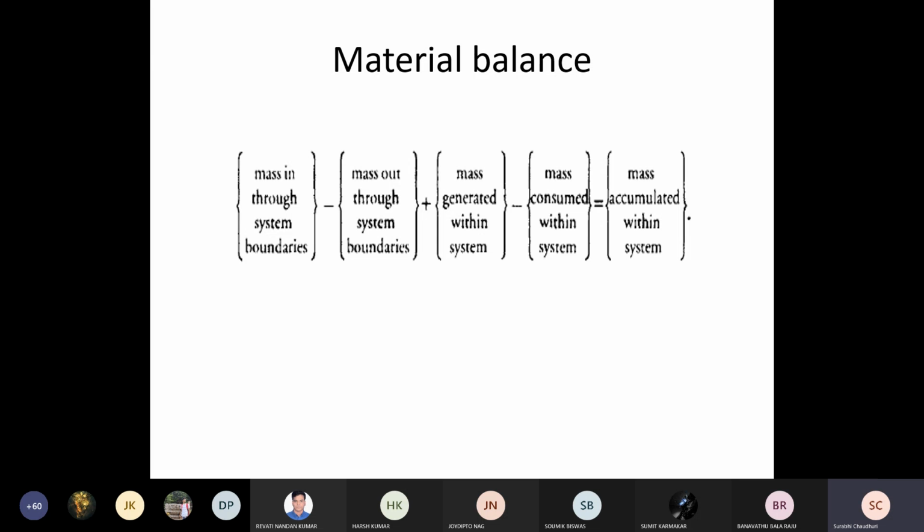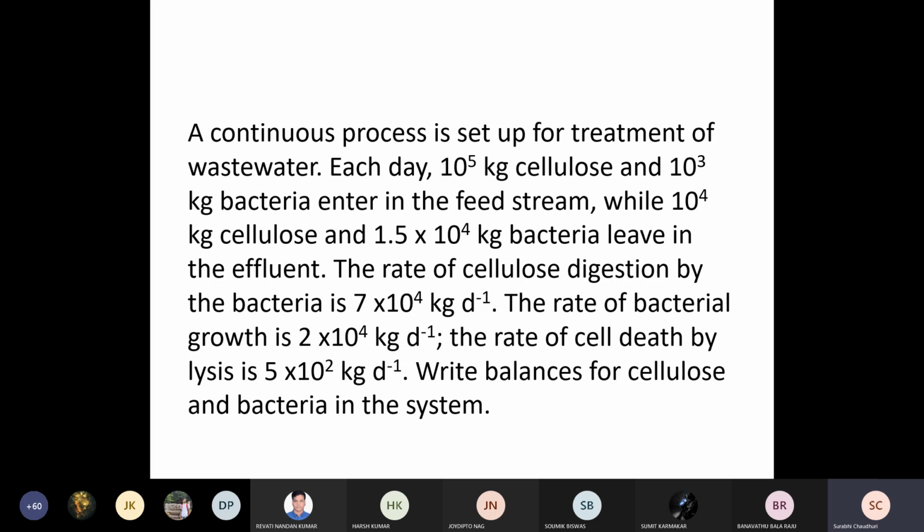In the reaction something will be produced, means something has to be consumed. So mass in minus mass out plus mass generated minus mass consumed is equal to mass accumulated within system. Let's see how we utilize it in our real life.